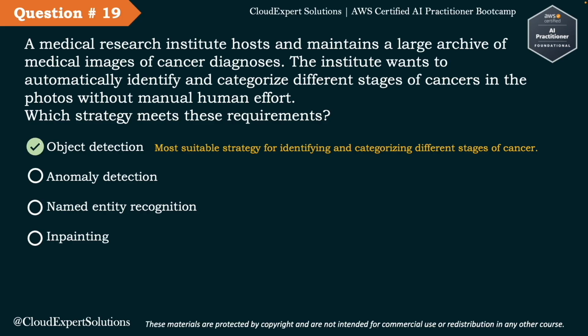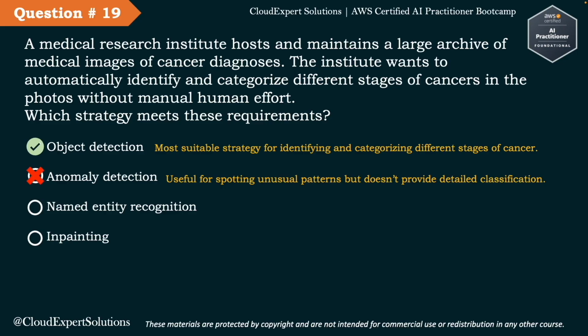Let's park it and review the second option, which is anomaly detection. Anomaly detection is useful for spotting unusual patterns but does not provide detailed classification or stage identification. It would flag images as normal or abnormal. However, that is not going to solve our problem. That is why option number 2 is not correct.